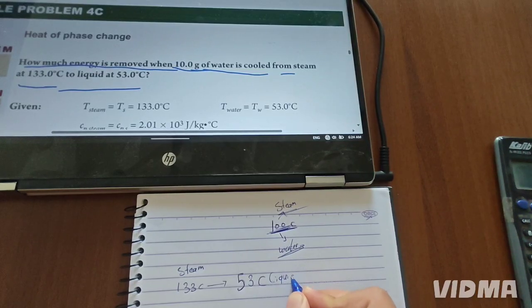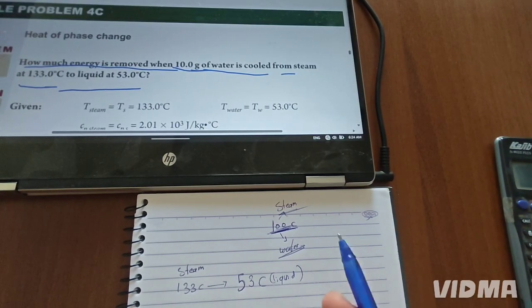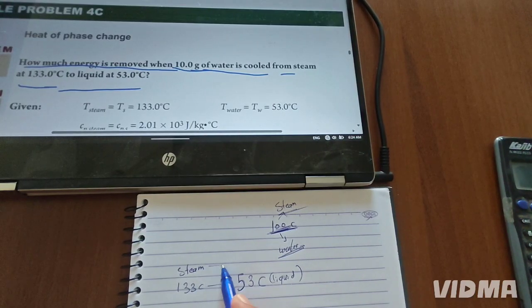So now we need to convert the steam from 133 Celsius to 53 Celsius, and at 53 Celsius it becomes liquid. In general, we want to convert the phase of the matter. It is called a phase change, from steam to liquid.